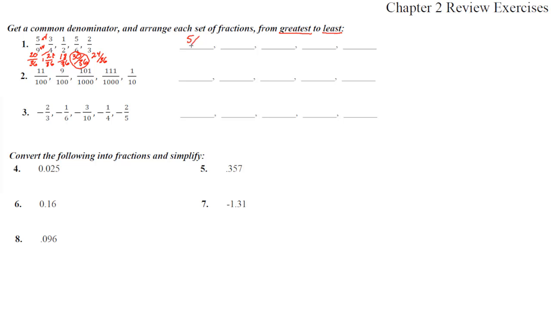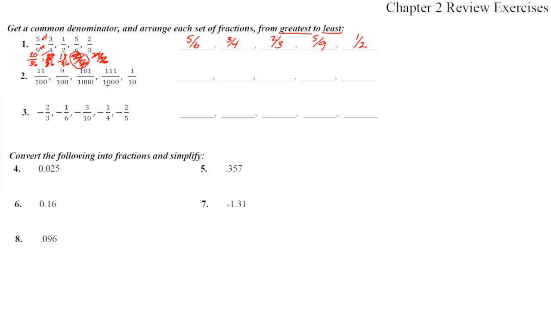That was 5/6, and then that guy's gone, and then 3/4. Okay, and then 24, which is 2/3. That guy's gone, and then 5/9, which was 20 36, and then 18 36, which is 1/2. So 5/6 is bigger than 3/4, is bigger than 2/3, is bigger than 5/9, is bigger than 1/2. Good. All right, the next one.